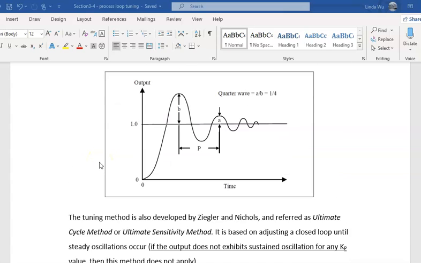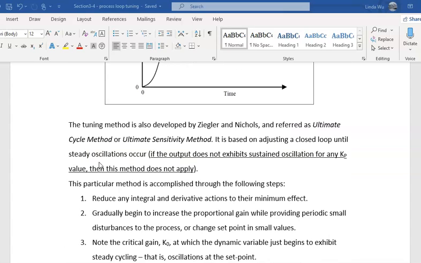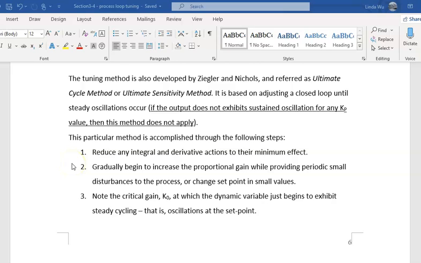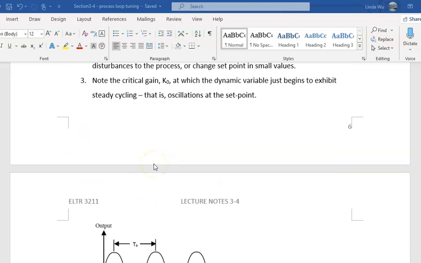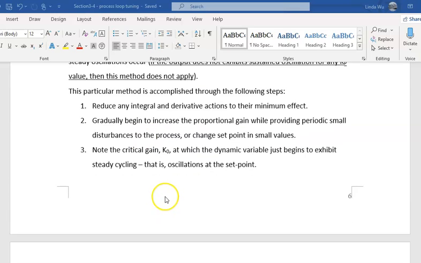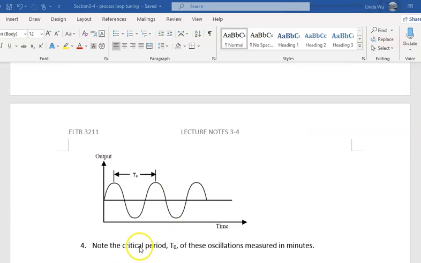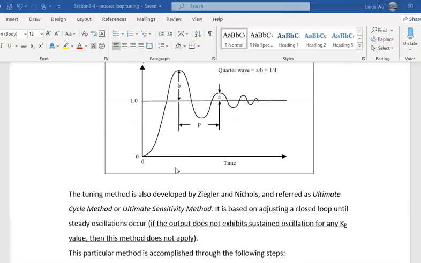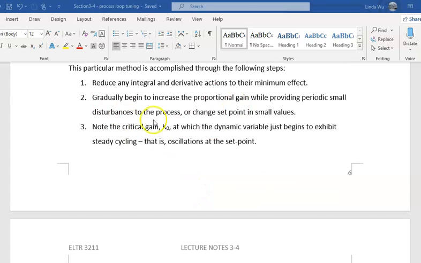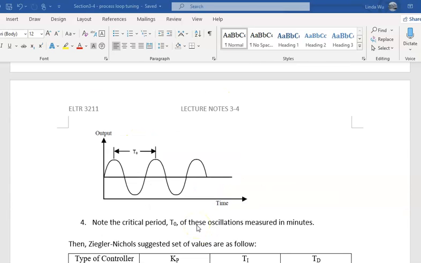And I think question 7 is about asking what steps we should follow, and there are four steps here we need to follow. That's basically how we measure those values, and then we get a perfect sine wave.